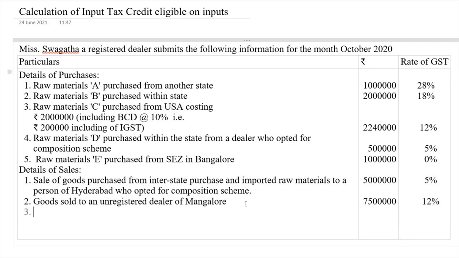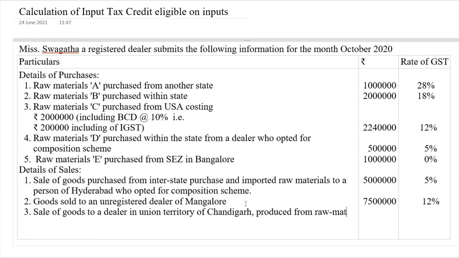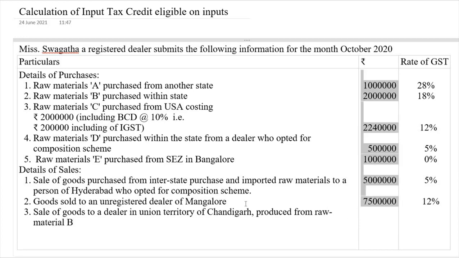Then next, number 3 here, sale of goods to a dealer in Union Territory of Chandigarh produced from raw material B, rupees 15 lakhs. The rate of GST is given as 18%.